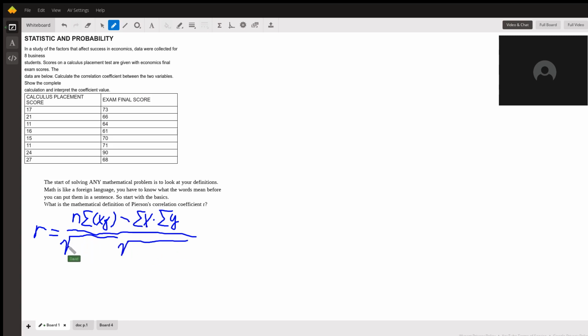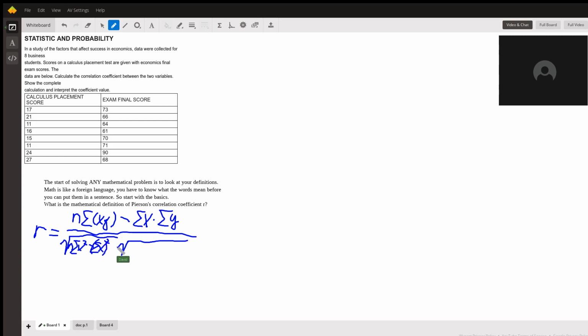The first one is going to be N times the sum of the X squares, minus the sum of all the X's, and I'm going to put parentheses around these to make sure we take the sum separately, squared. This sounds weird, but they're slightly different. One is the sum of all the X squared, and the other is the sum of all the X's, squared.